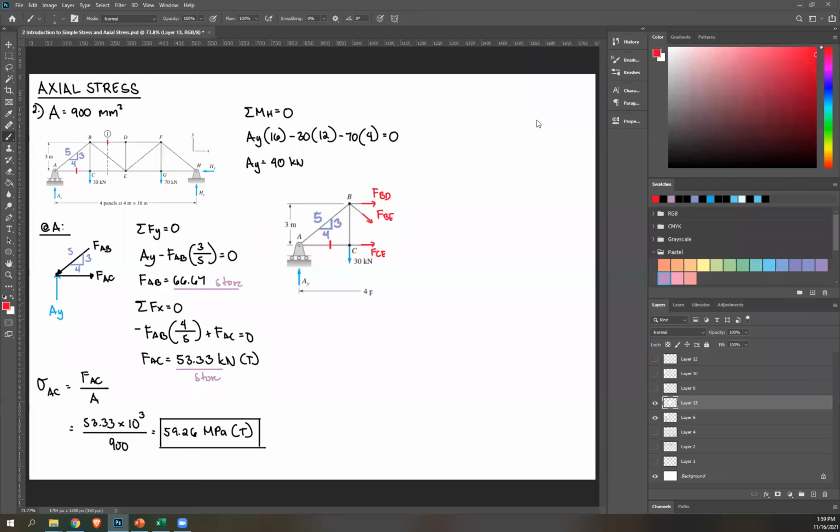Correct, we should use moment. If we use forces X, that's 2 unknowns that have an X component, so I won't be able to solve for BD immediately. So instead you use moment. Now the question here is, moment about what point?